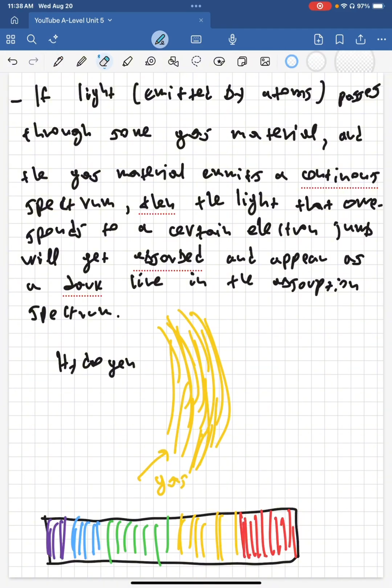Then, what we will observe, because of the hydrogen, is that some lines here will be absent. Actually, no, this is not a good way to draw it. Maybe I'm going to use a dark pen. Okay, so we will see something like this, lines like that. So these are the absorption lines. The black lines are the absorption lines.